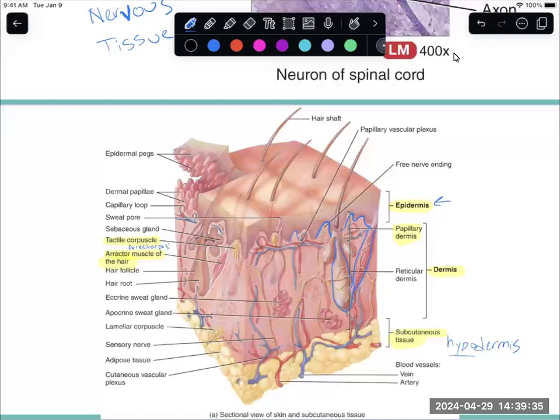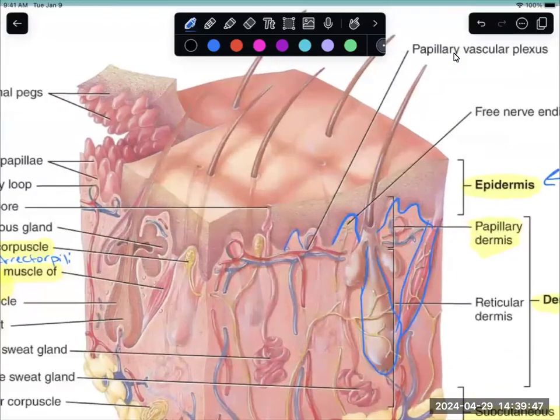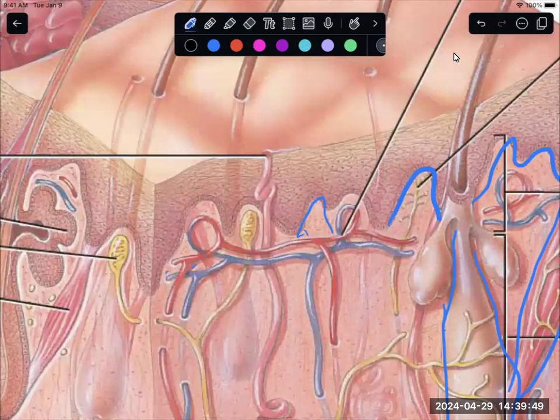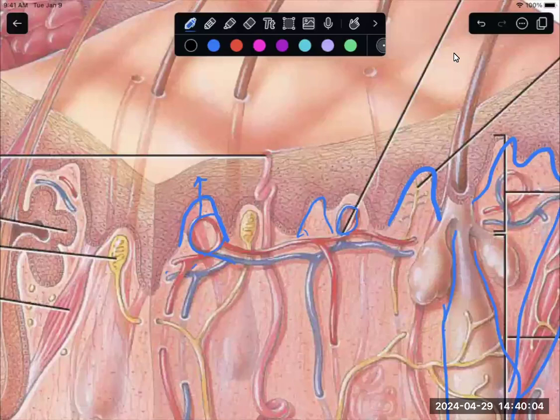There are no blood vessels in the epidermis or in those epithelial tissues at all, nothing. See these blood vessels here, kind of traveling through? These blood vessels come up into this papillary dermis to help nutrients diffuse up higher into that epidermis.